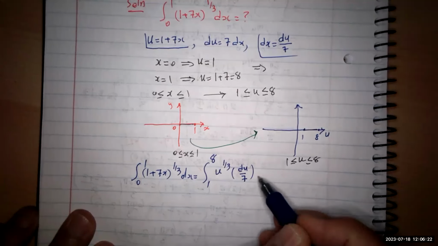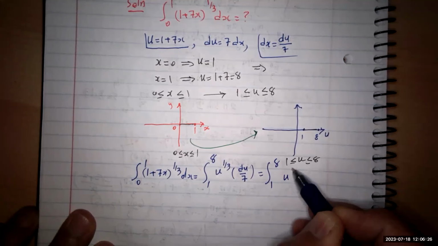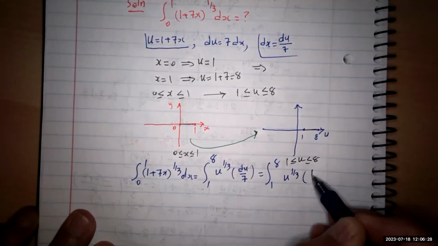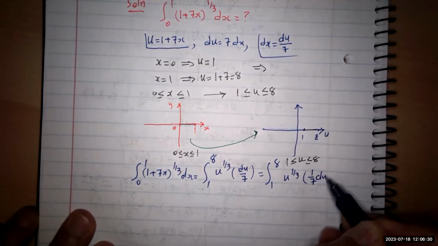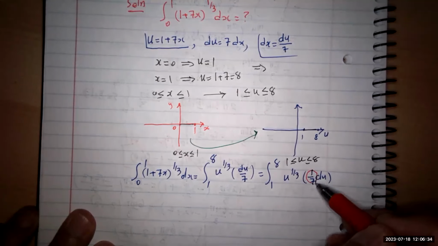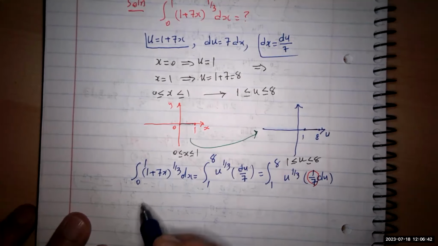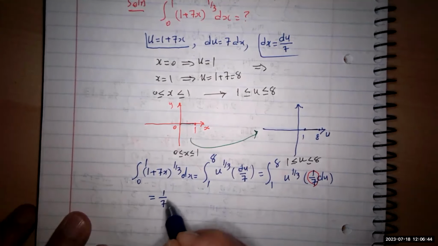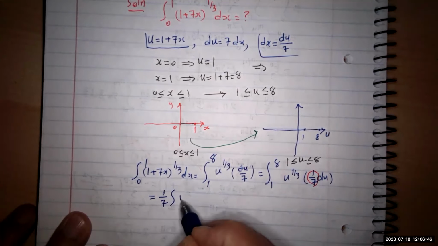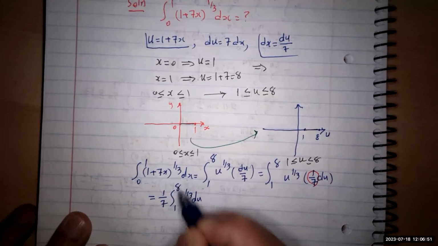This is u to the 1/3, and you have the 1/7 du. That's the extra term that we are going to create in a minute for the function of several variables. And now you can pull it out. So that would be 1/7 integral of u to the 1/3 du, going from 1 to 8.